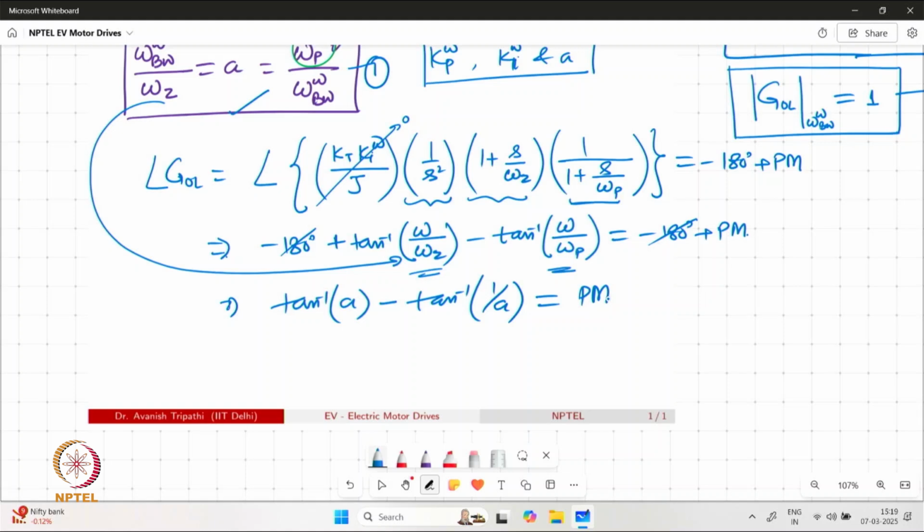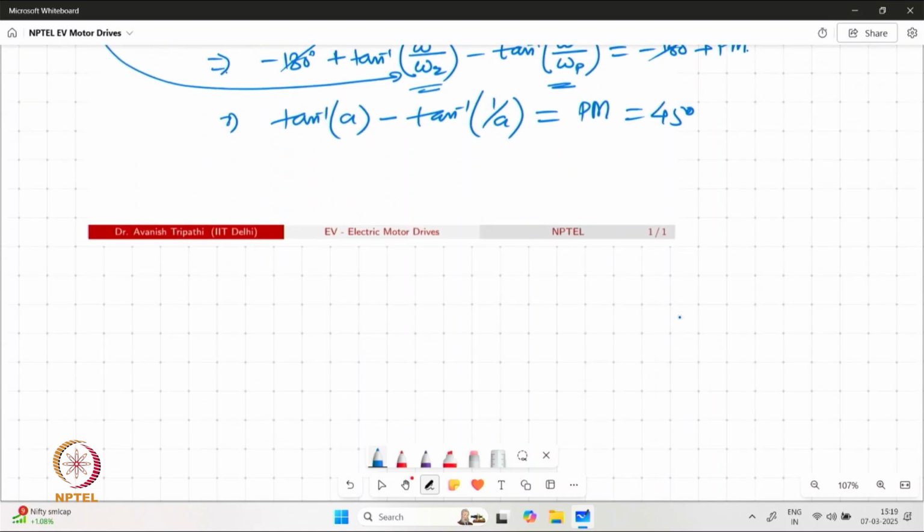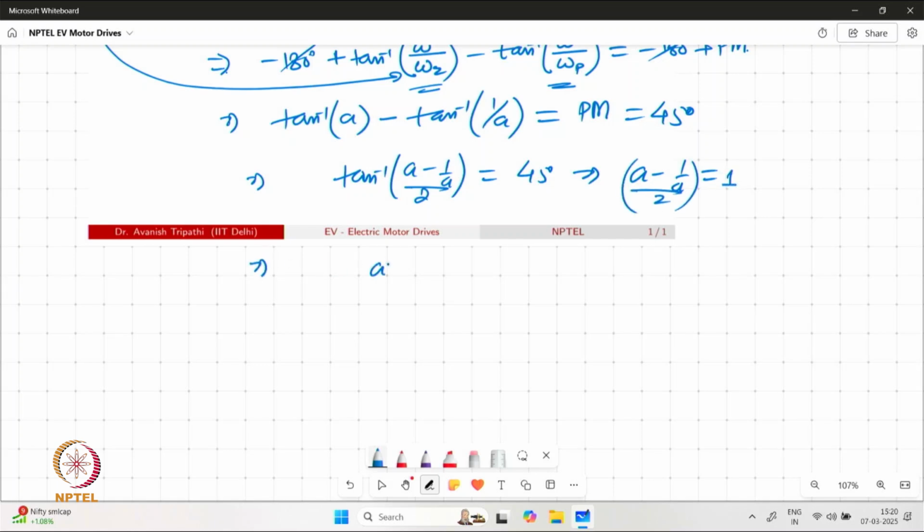Now what could be a suitable phase margin for the system? So we can say that a phase margin of 45 degree would be good enough to make the system stable. Now considering this, it can be solved and it will result into a quadratic equation which can be given by this.